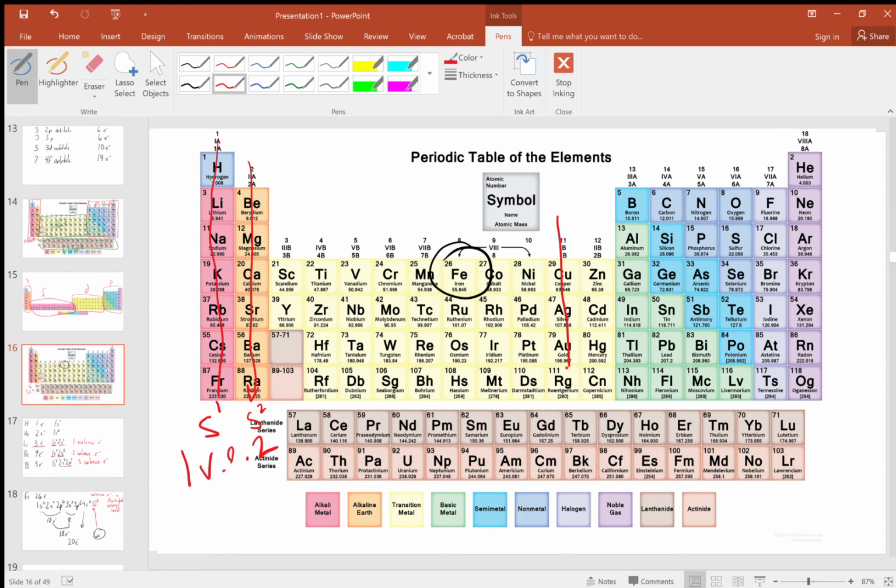Anything in this group, group 11, is going to end in d9. When we get back to our main group, for example, group 15 containing nitrogen, these will all end in p3, and they all have 5 valence electrons. And so it starts to make even more sense, the organization that we have.